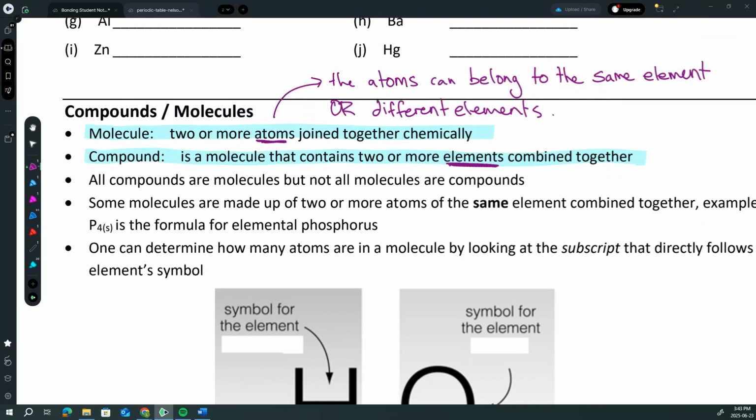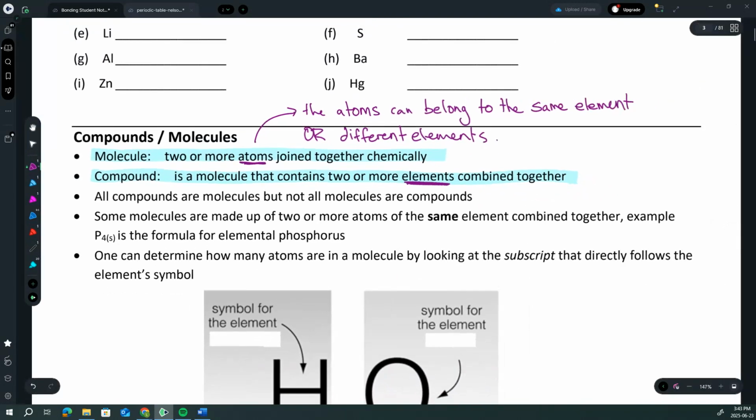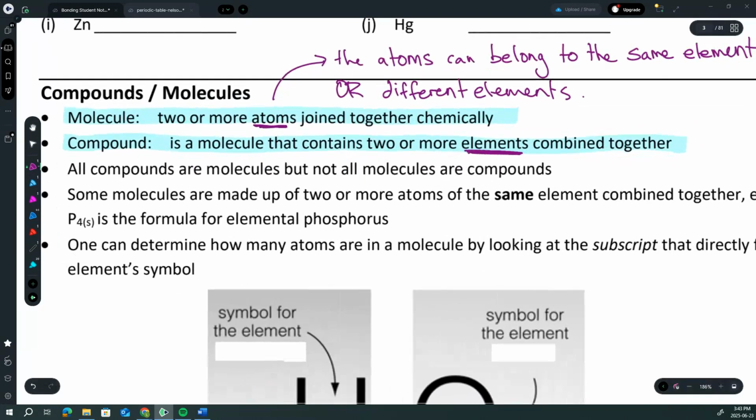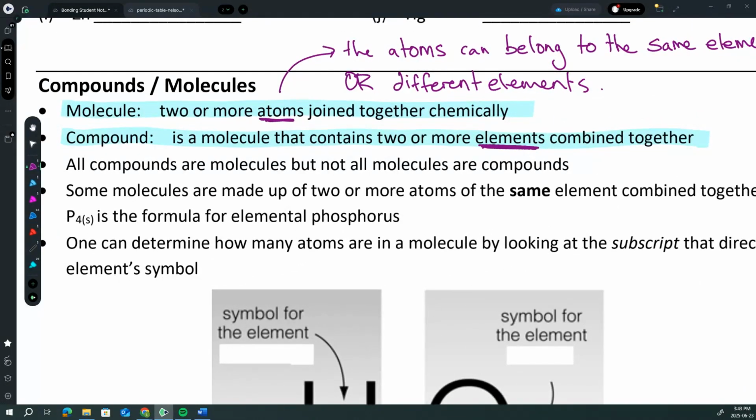So some molecules are made up of two or more atoms of the same element combined together. For example, P4, that is the symbol or the formula for elemental phosphorus. Another example would be sulfur, or elemental sulfur is S8. So whenever sulfur is by itself, there's always 8 atoms of it grouped together.